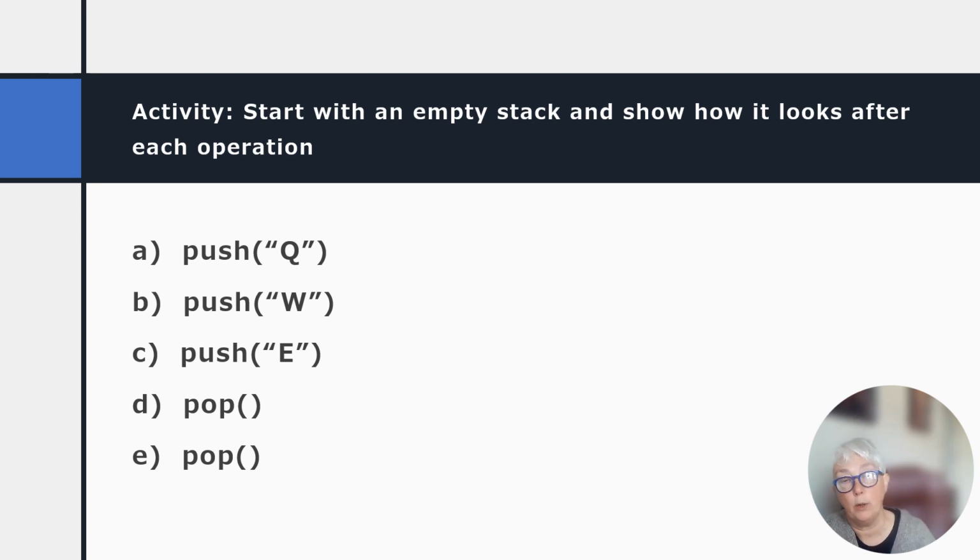So I want you to draw it 5 times, and each time show what it looks like after that operation. So there are 5 operations, so draw the stack 5 times, showing how it changes after each one of those operations. And once again, perhaps write that on the same bit of paper as your test answers, and bring that to the lesson, and that's how we'll start the next lesson, by looking at that.